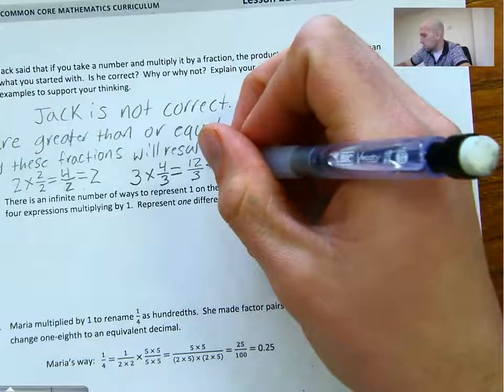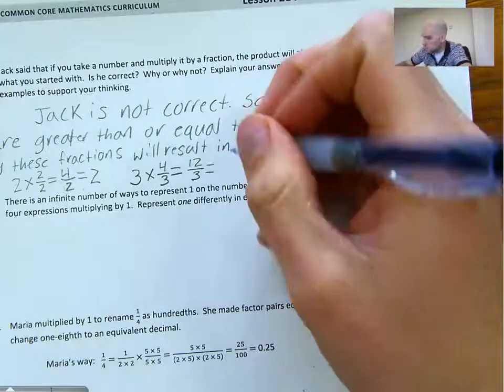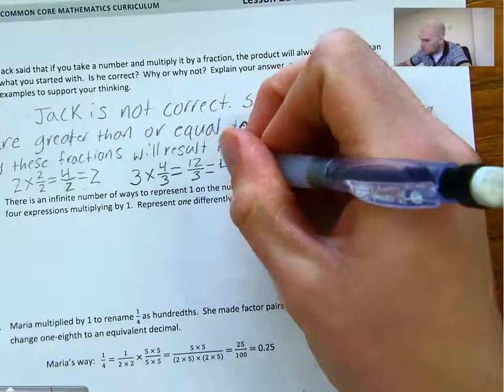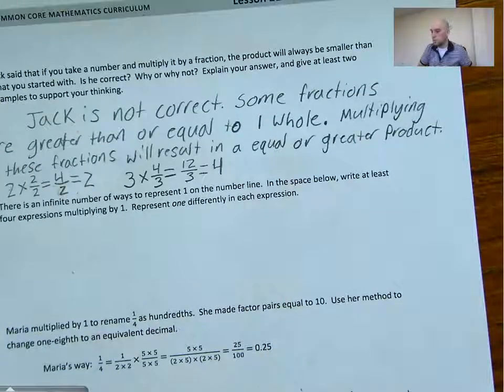So I have 12 thirds, which will give me 4. So I gave 2 examples of numbers whose products will be greater than or equal to the number that we started with when we multiply by a fraction.